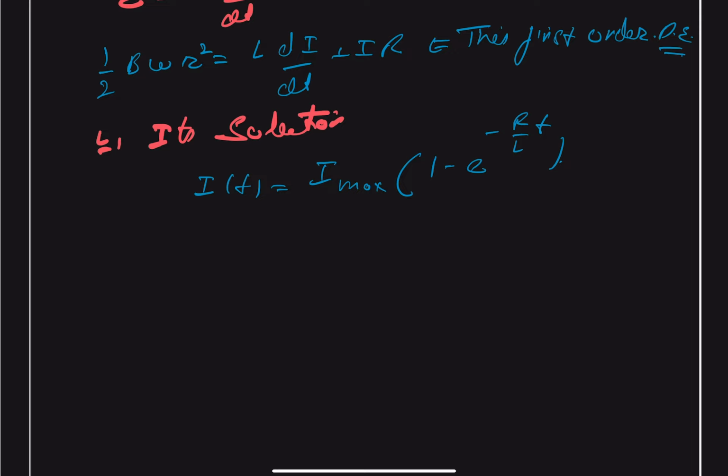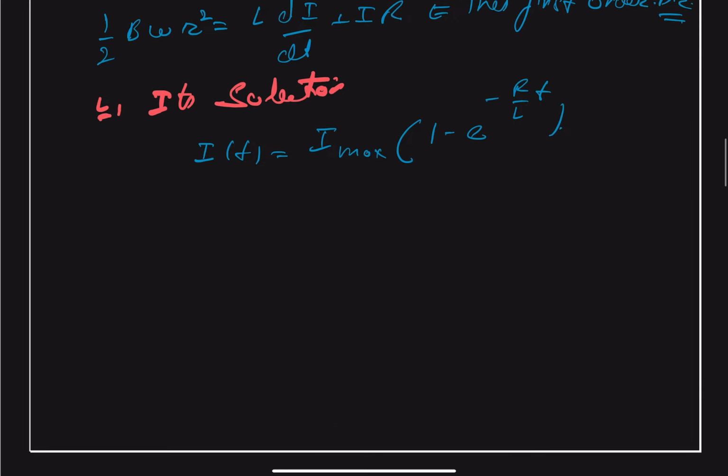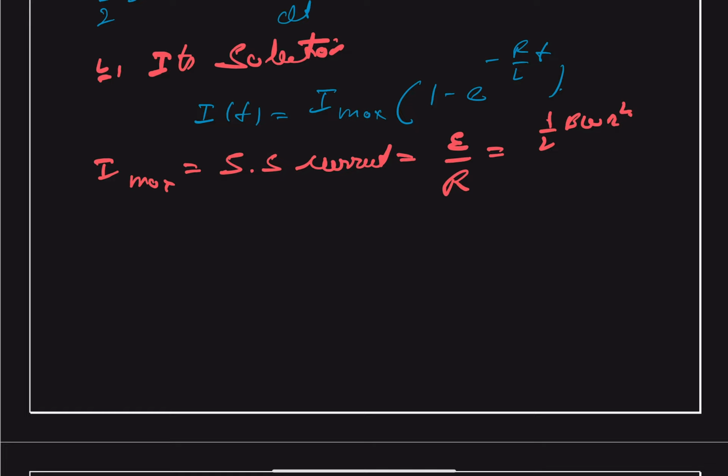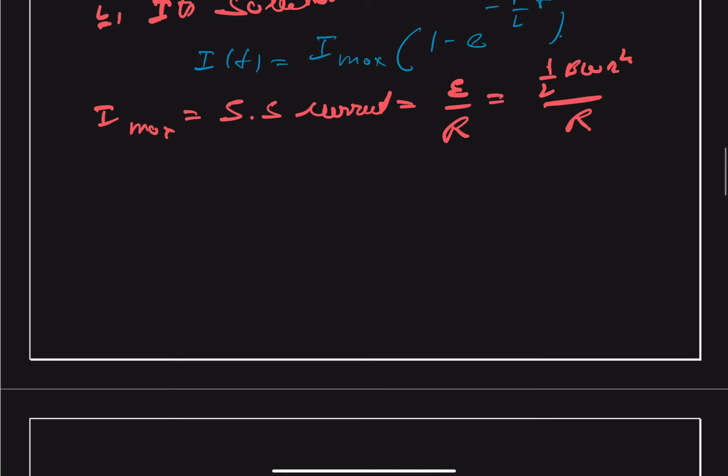And I max is the steady state current. We can find out its value. We know that I max is our steady state current, which will be equal to induced EMF divided by R. So we can write this as half B omega R square divided by resistance R.